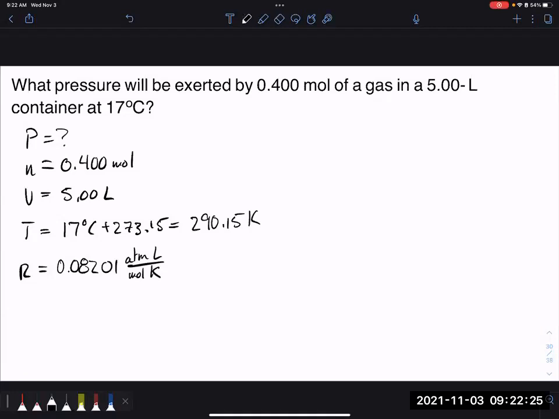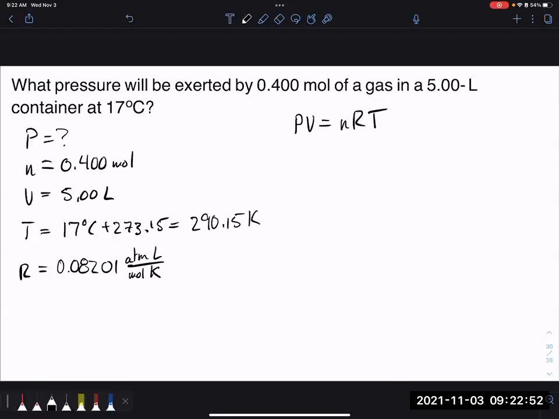So before we even write anything out, what are our units of pressure going to be? Atmospheres, yes, because the pressure value in our R value is in atmospheres. So our equation will be PV equals nRT.